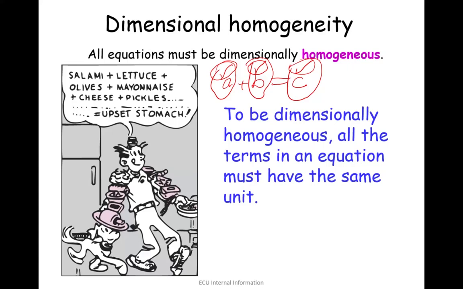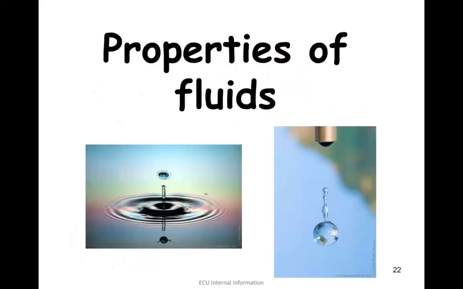Also, the dimension for each part of the equation when they add up should be the same. For example, the dimension for this one and this one should be the same and the same as this one. Even if you're solving a problem in SI unit, dimensional homogeneity should be followed. Otherwise, the answer won't be right.